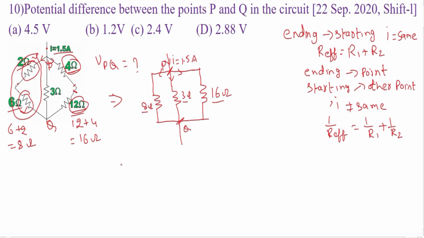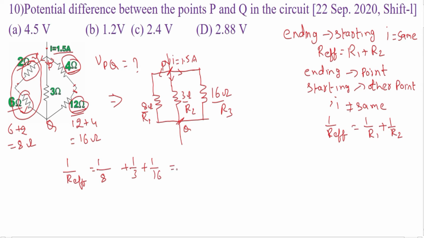Now, in the case of parallel combination, the formula for effective resistance is 1 by R effective equal to 1 by R1 plus 1 by R2 plus 1 by R3. In our case, this is R1, this is R2, this is R3. Then 1 by R effective will be equal to 1 by 8 plus 1 by 3 plus 1 by 16.